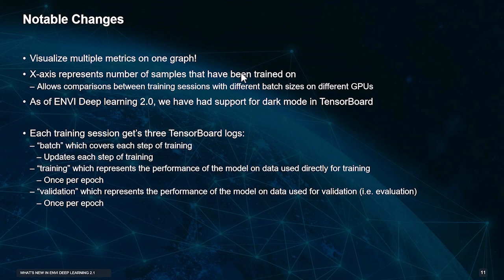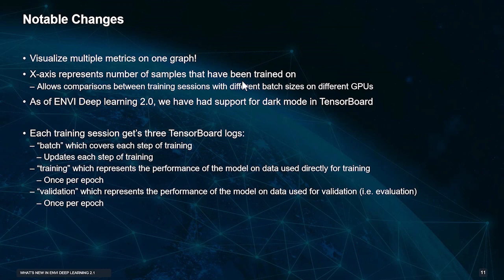So if you have different batch sizes with different size GPUs, you can still compare training sessions from one to the other. The other component is that we have three separate logs that get generated: batch, training, and validation. And the nice thing is that batch, training, and validation all report mostly the same logs, and you can view them all on the same graph at the same time.